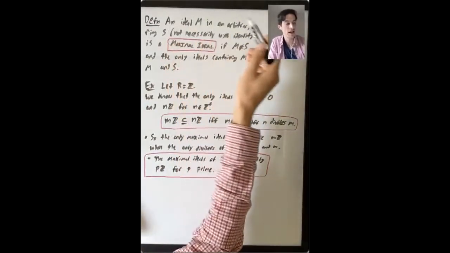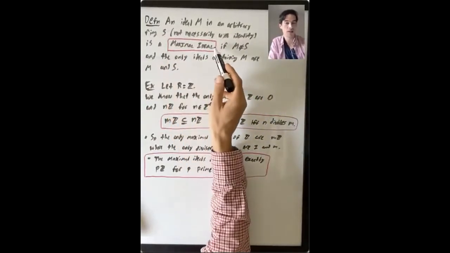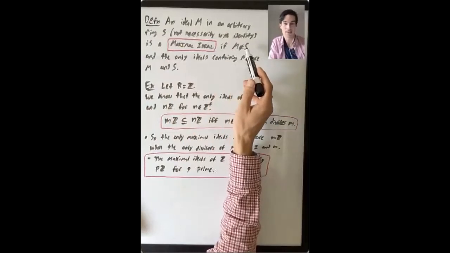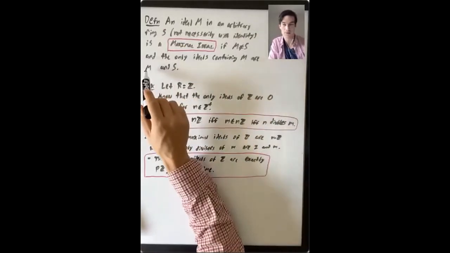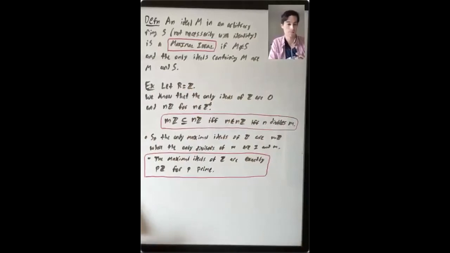So an ideal M in an arbitrary ring S, not necessarily having an identity, is a maximal ideal if M does not equal the whole ring S, and the only ideals containing M are M, which contains itself, and the whole ring S, which contains every ideal.